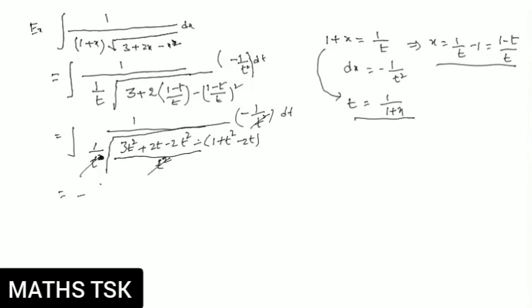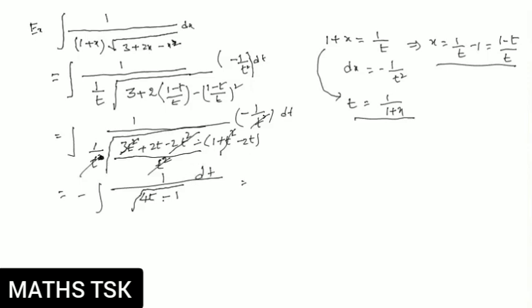So there is a minus integration of 1 by root of (3t square minus 2t square minus t square plus 2t plus 2t, which becomes 4t, and then minus 1) into dt, inside the root.